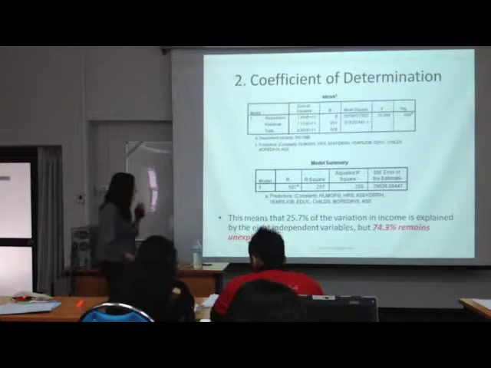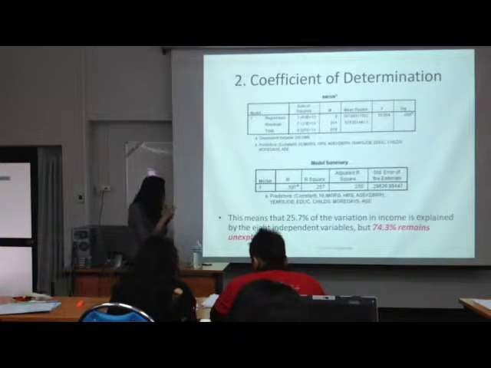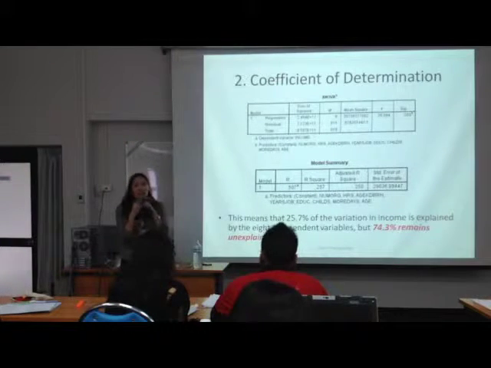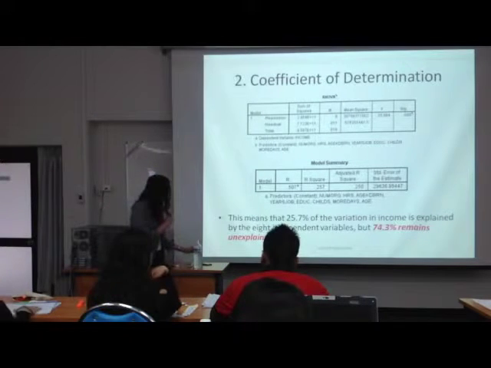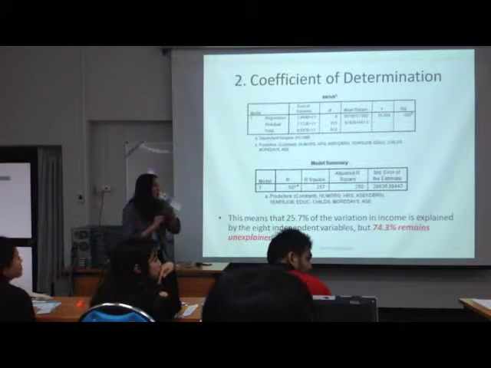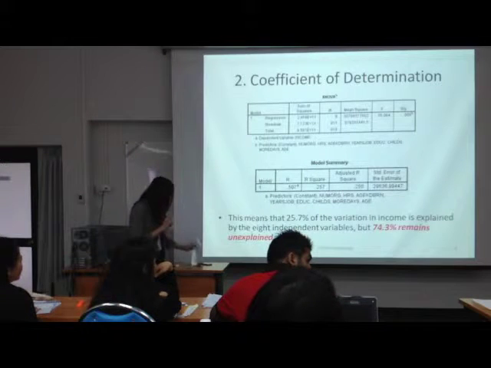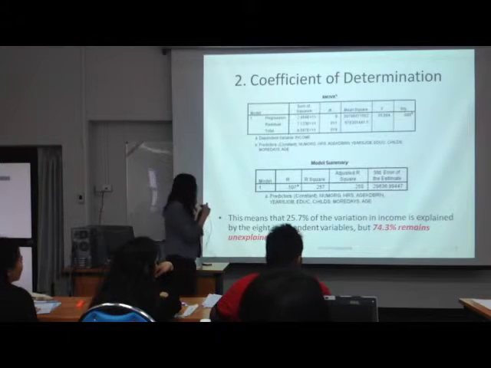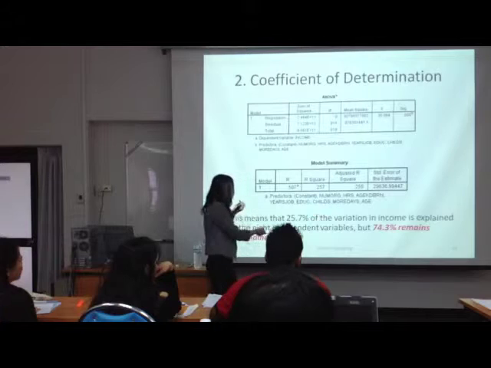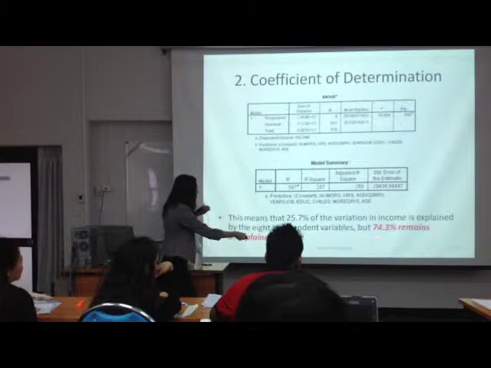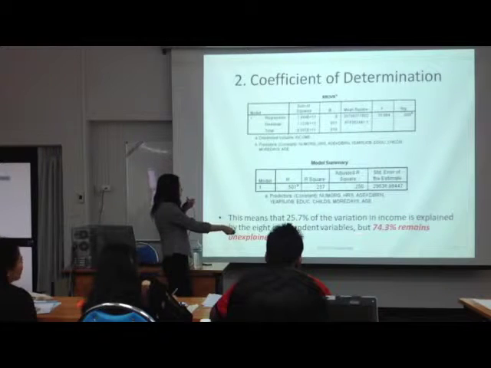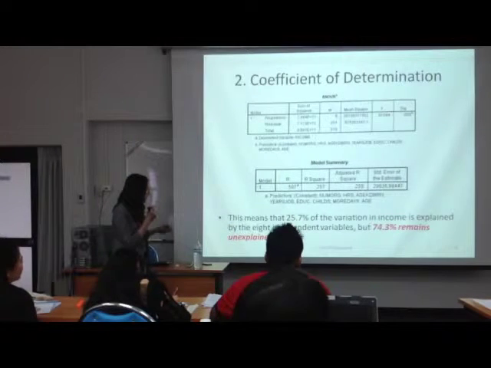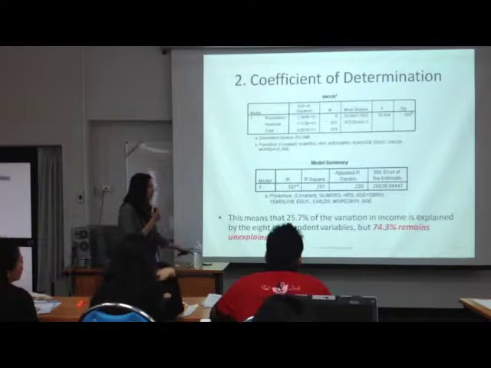But sometimes I found that R square can be pretty high, like 0.8 or 0.9. In this case, how do you get 74.3%? So this 25.7% can be explained, and the rest is just 100% minus this one, so it gets 74.3%, which cannot be explained by this model.